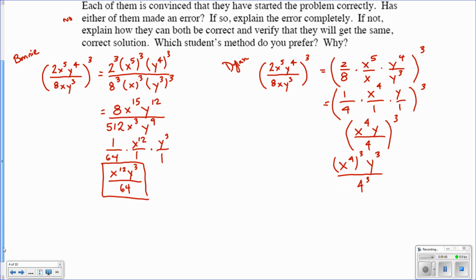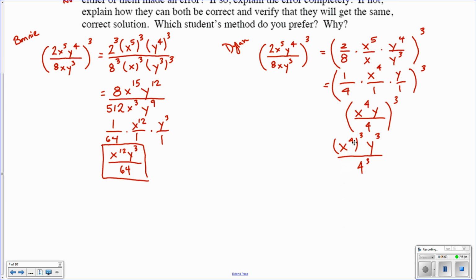So x to the fourth raised to the third power should be x to the 12th power. Our y is still to the third power, and then 4 to the third power should be 64. And if you look closely, just because we did it a different method here doesn't mean we get something different. Both these answers are the same thing.